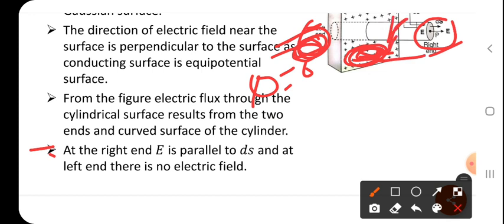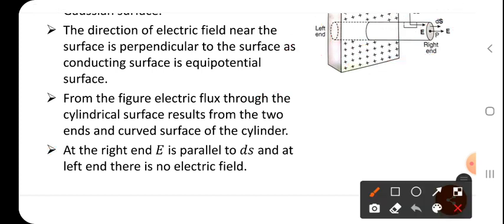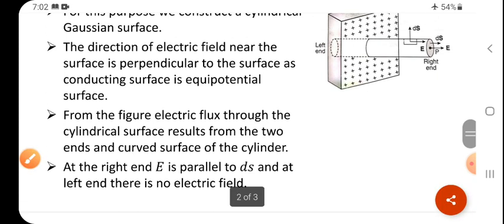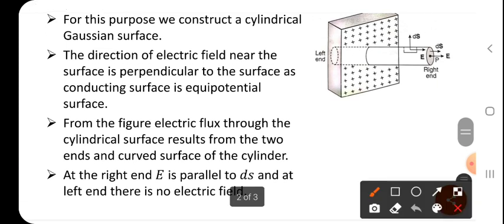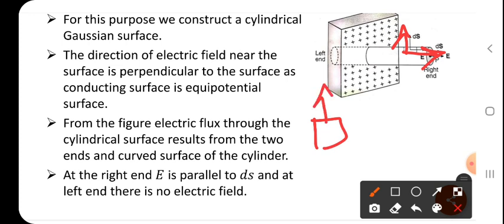And on the curved surface, ds is taken this side and E is taken this side. Why do we have to take ds upside? ds is always drawn perpendicular to its surface. Suppose you have considered one small area ds, then you must show its direction perpendicular to its surface.